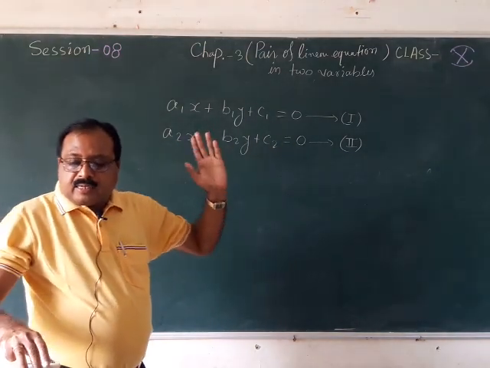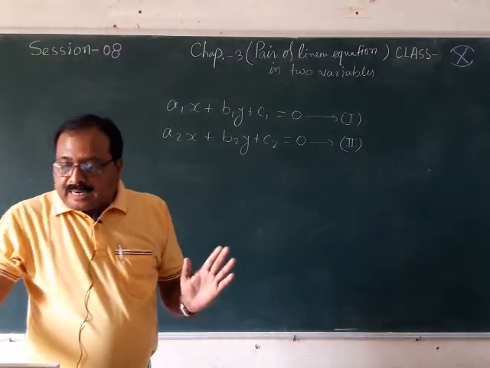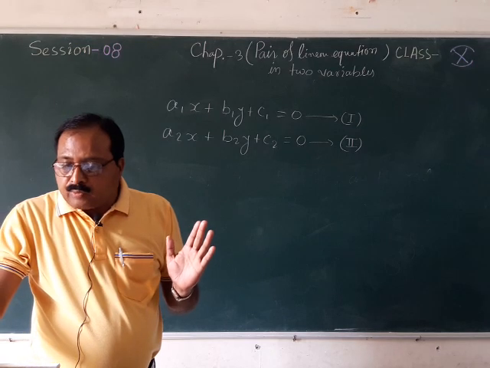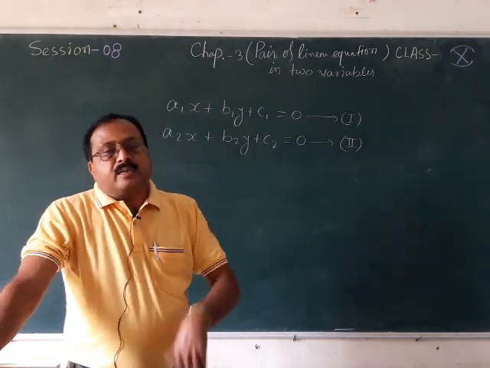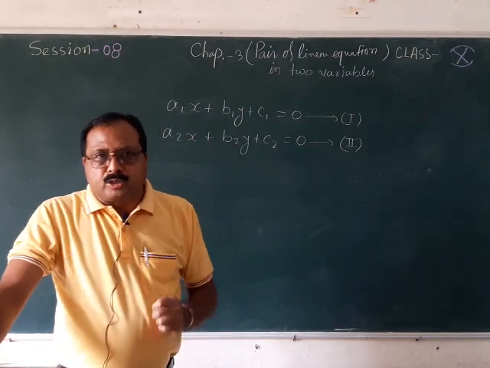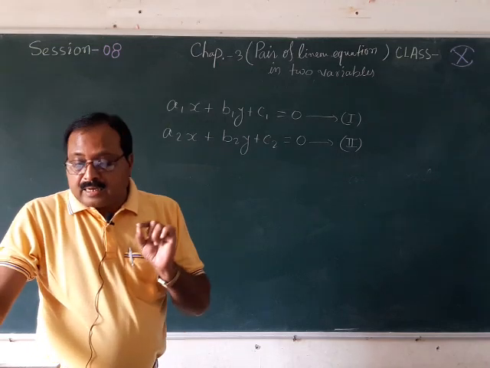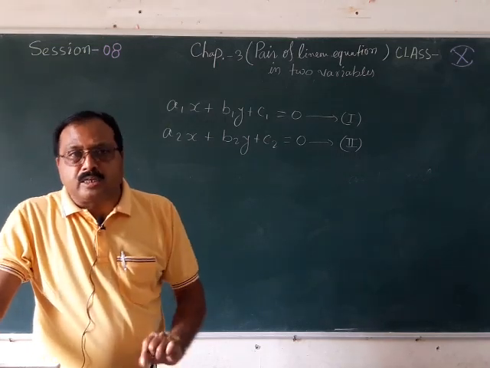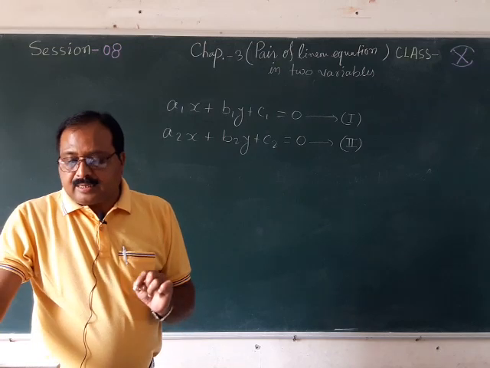So here, if you are getting one solution, that means the pair of linear equations is consistent. If you are getting many solutions, that also means the pair of linear equations is consistent. And if you are not getting a solution, that means the pair of linear equations is inconsistent.